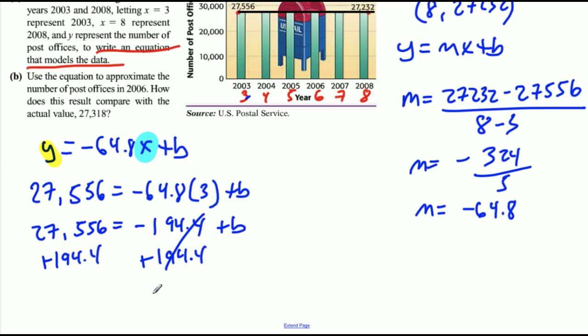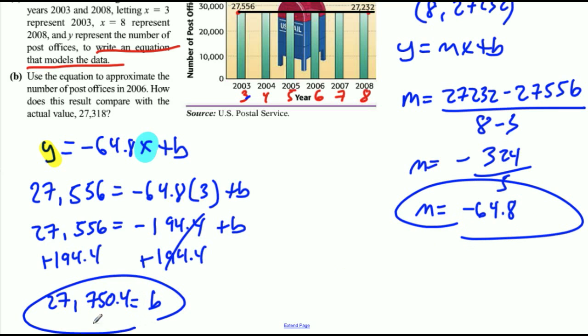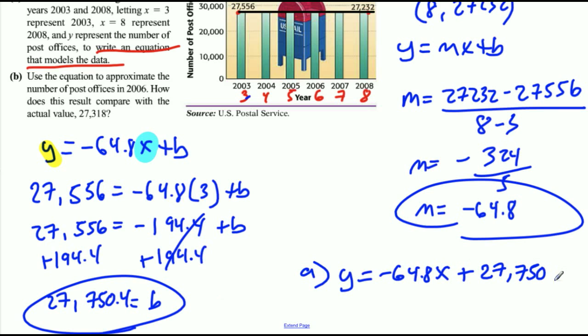So then we'll have b equals 27,750.4. So we have our m, we have our b. So now the equation for part A, y equals mx plus b: y equals negative 64.8x plus 27,750.4. All right, so this equation will model this data right here.